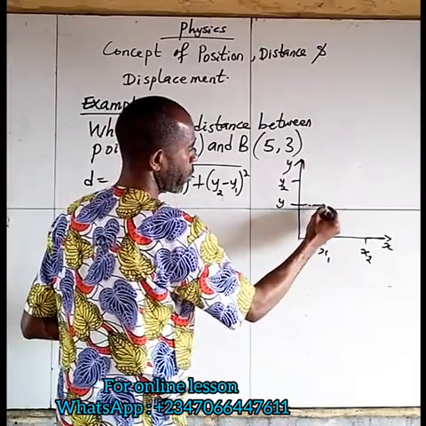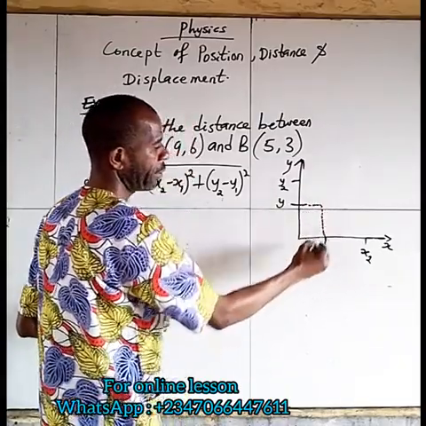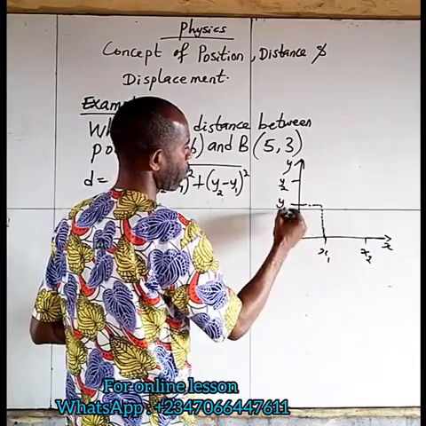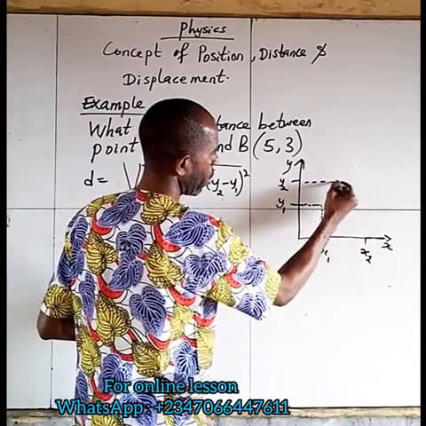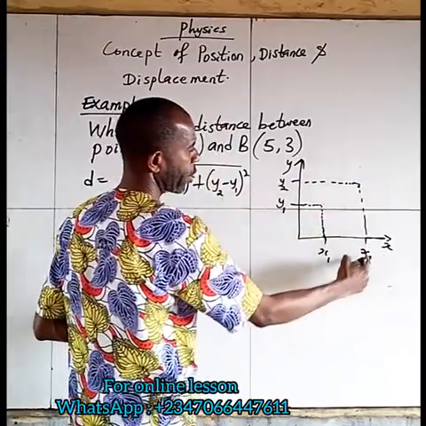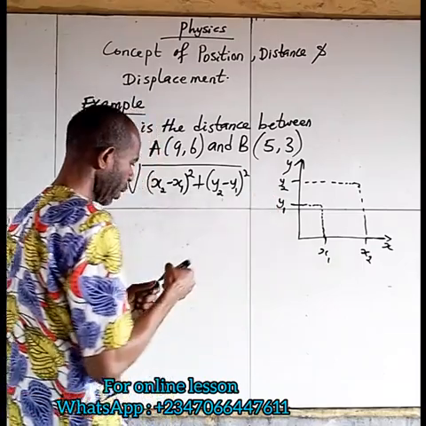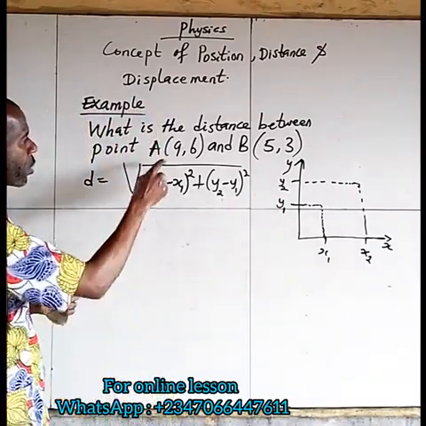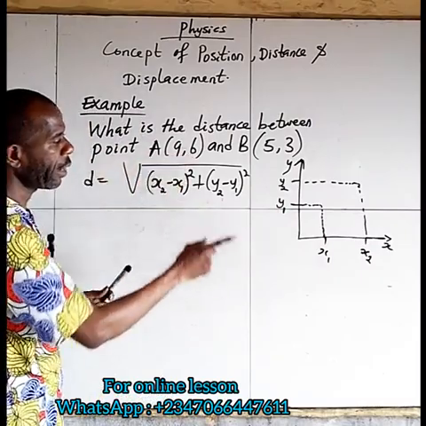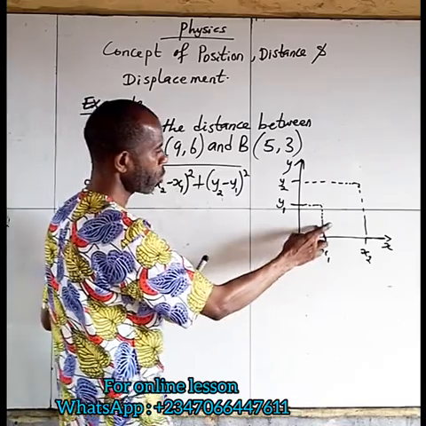This coordinate we form here, where we have x1 and y1, and this other coordinate where we have x2 and y2. Looking at the coordinate given to us, these are x1 and y1.